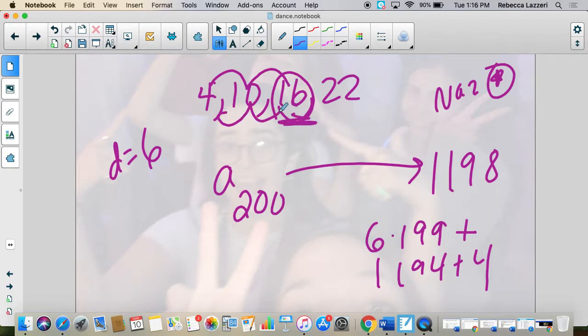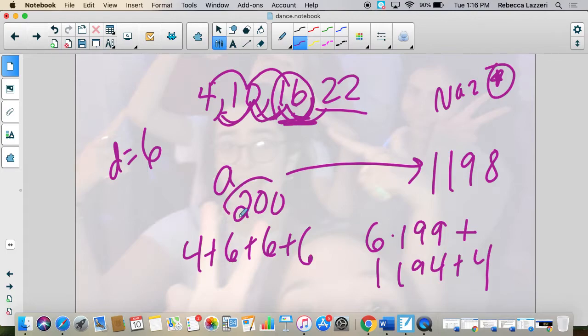Two 6s. To get the fourth term, how many 6s do I add? Isn't that 4 plus 6 plus 6 plus 6? So actually I could ask you any number of term, couldn't you? When you start with 4, and if I want the 2000th term, are you gonna add 2,000 6s? No. How many 6s? 1,999, because you already have the first term. So she needed 199 more 6s past the first one, which was 4.